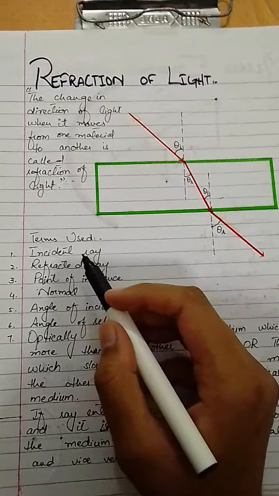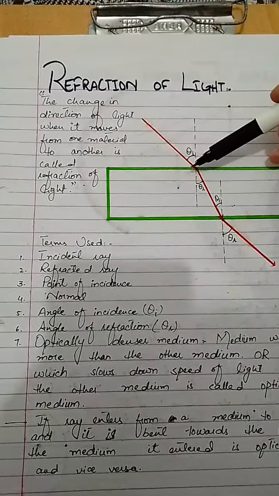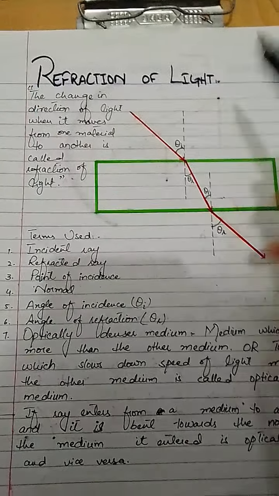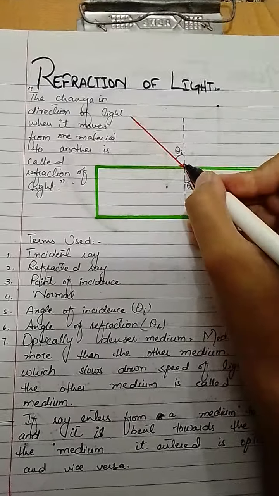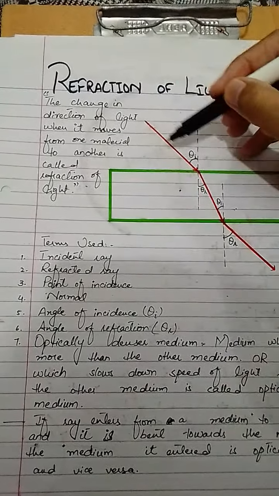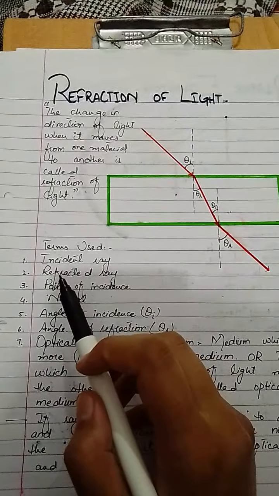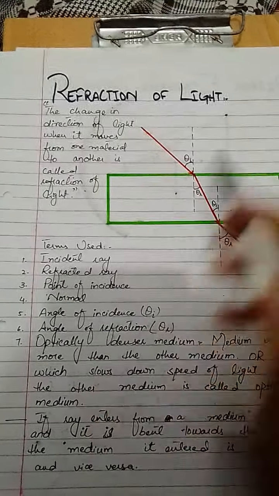First one is incident ray. You already know what incident ray is, the ray which strikes the other material surface or the boundary of incidence. In this case, this is the incident ray. Number two is refracted ray.